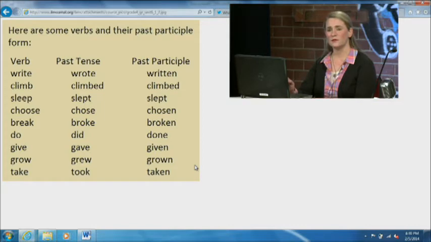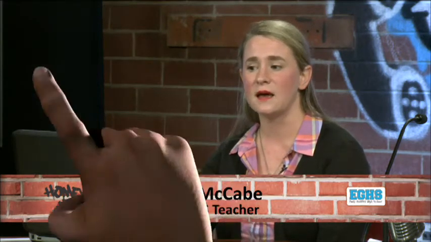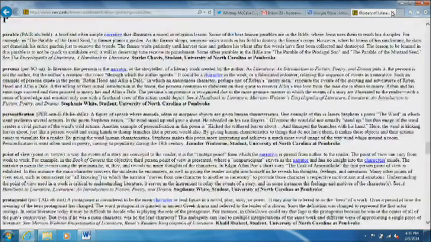But if you see the word has, have, or had in the sentence, you know you're going to use that past participle form. And if you can see the small image I've got up here with a few different kinds of past participle tenses, you might be able to remember how that's supposed to work. All right? So thanks for that question.